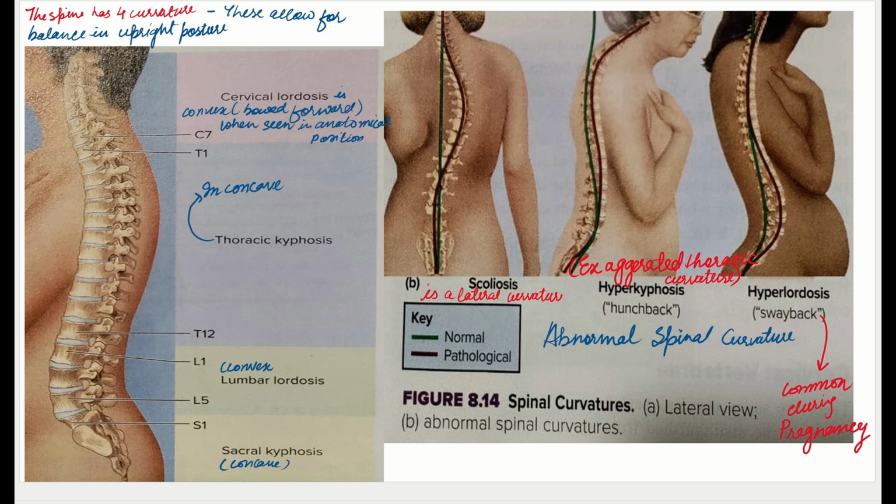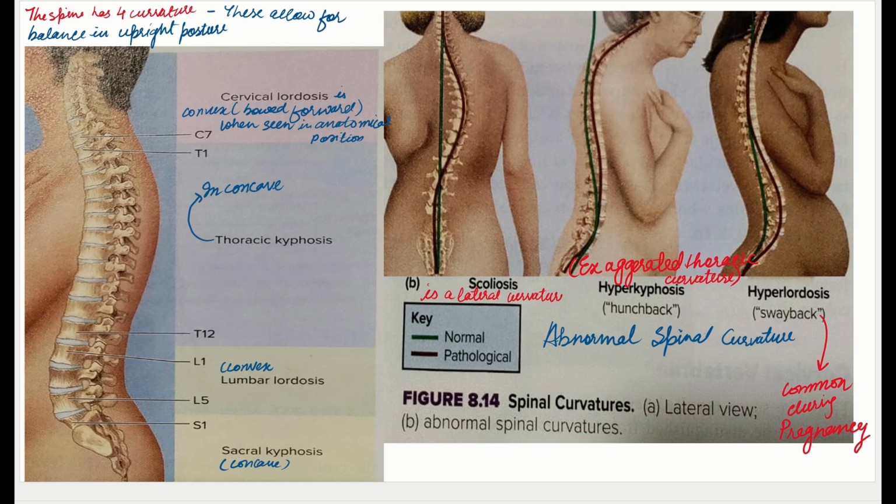The cervical lordosis is convex and bowed forward when seen in anatomical position. The thoracic kyphosis looks like a concave mirror, and the lumbar lordosis looks convex, and the sacral kyphosis looks concave when seen in anatomical position.